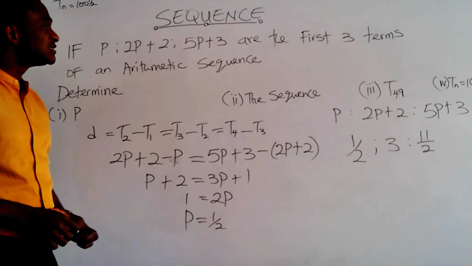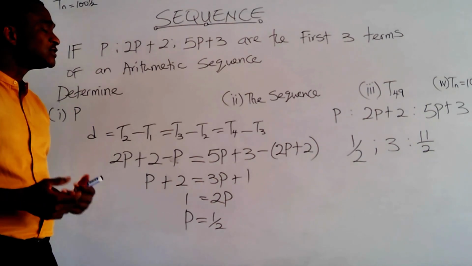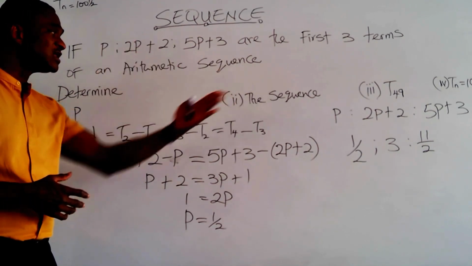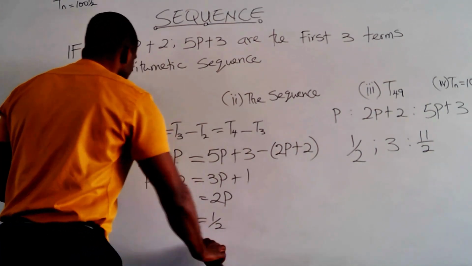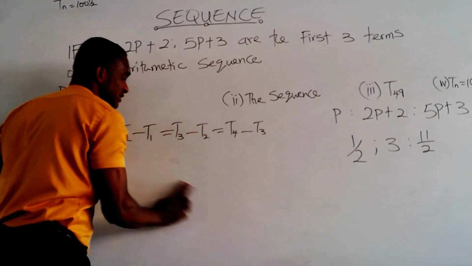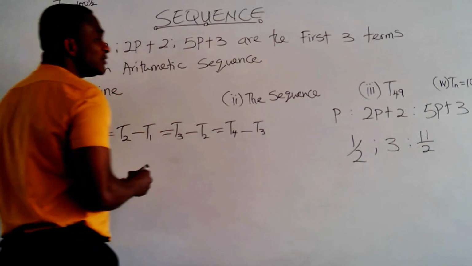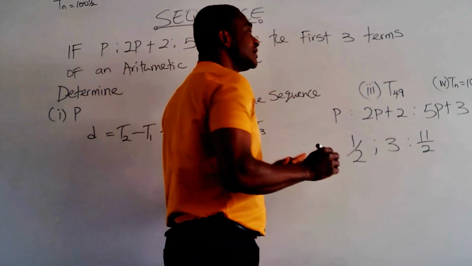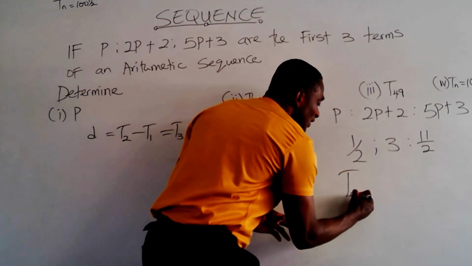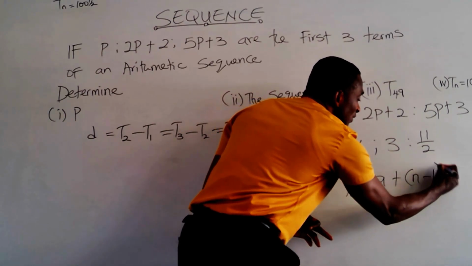Now the next question is asking us, if we've gotten p and the terms, what will be our 49th term of the sequence? Let's look at this. Remember that the general formula for every linear or arithmetic number pattern is a plus (n minus 1) d.